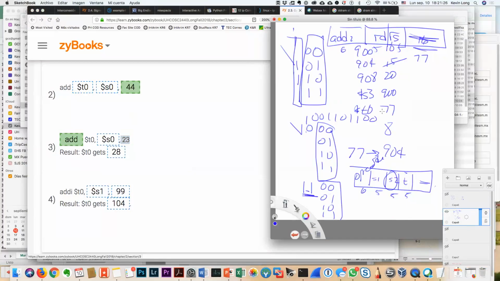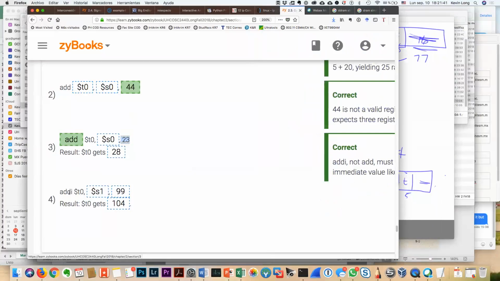If so, is it a signed integer? Is it a floating point number? Is it ASCII characters? Is it an instruction mnemonic? You can't tell. You have to be told. And context tells you everything. So the reason why we have add I is so we know to interpret the third thing as 16 bits and as a constant. All right, what's wrong with this one?